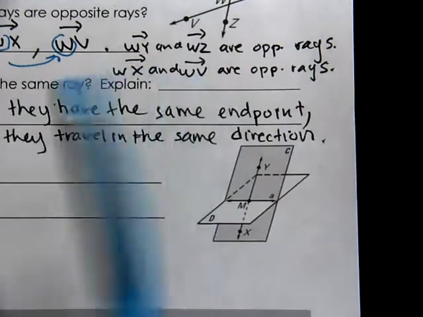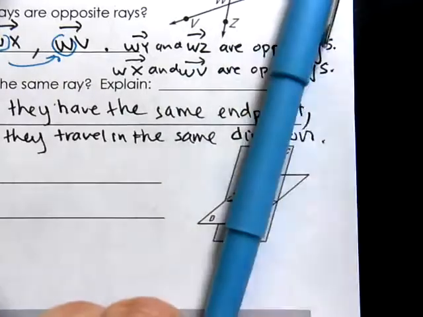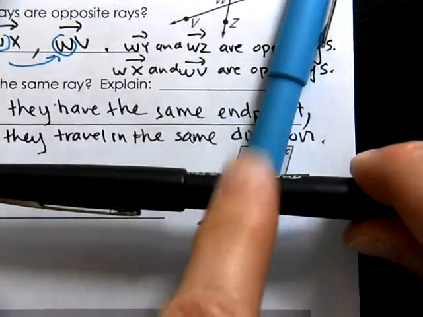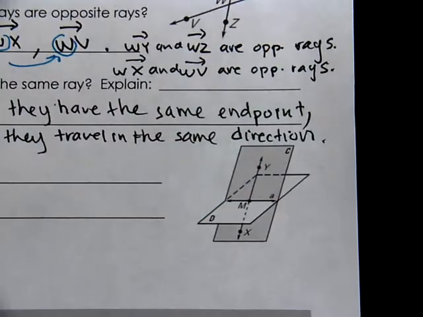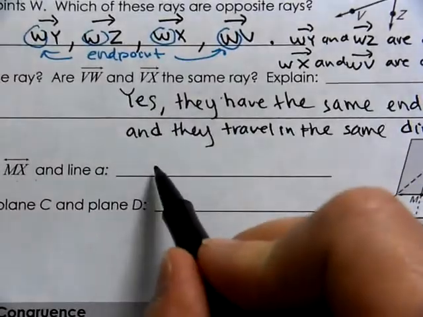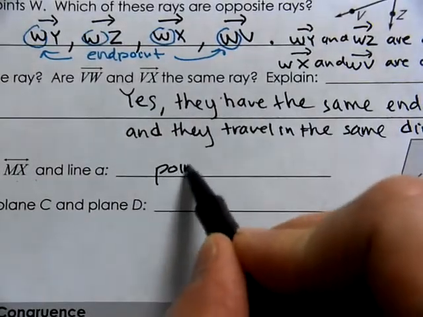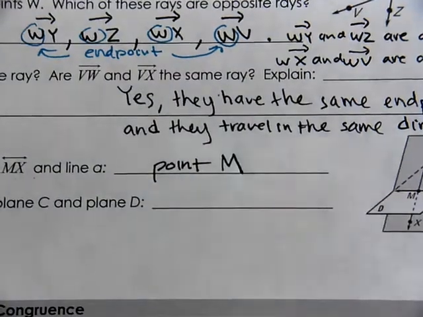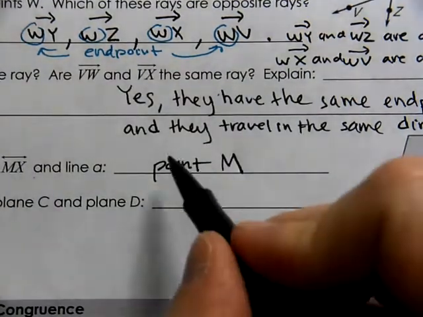You can see where they form the cross. That's where they meet. That is the point called M. So the intersection is where the two lines meet. They meet at point M.